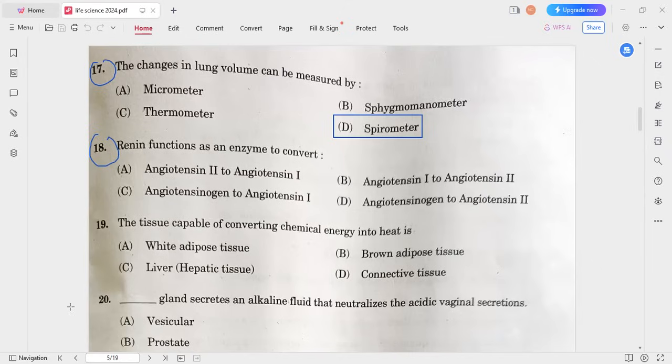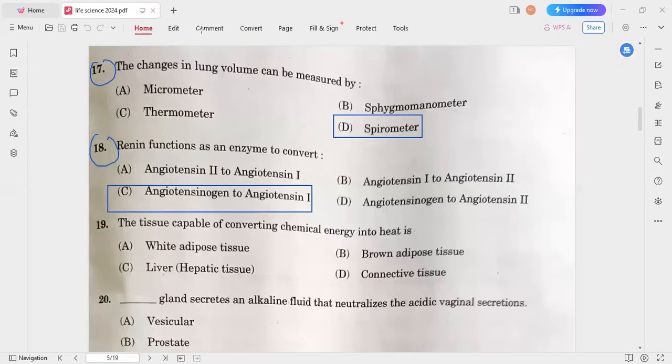So the correct answer for this question is option C, angiotensinogen to angiotensin 1. Usually it is a precursor of angiotensin 1 that is produced by the liver, by the enzyme renin. So option C is the correct answer for question number 18.